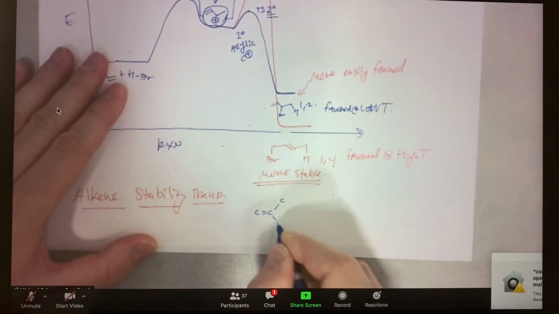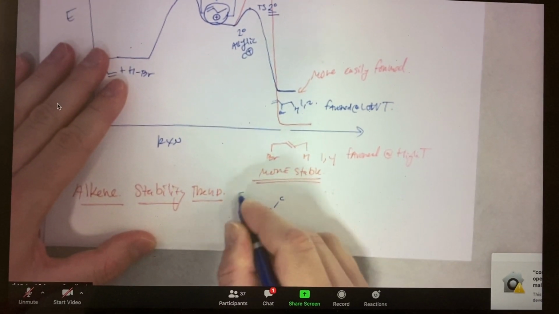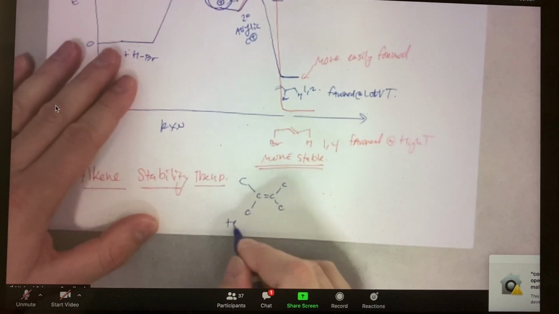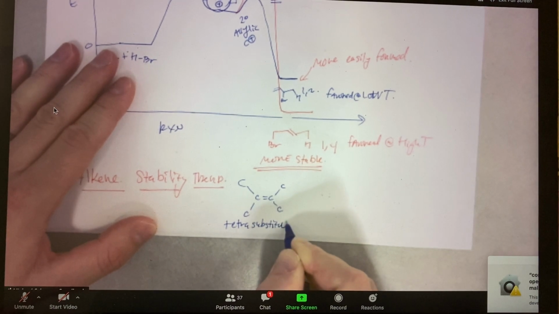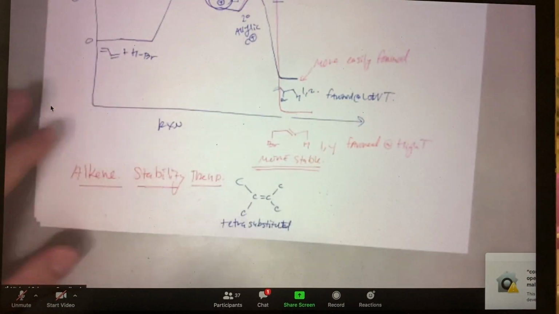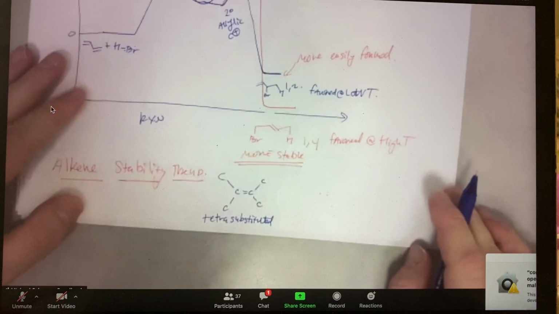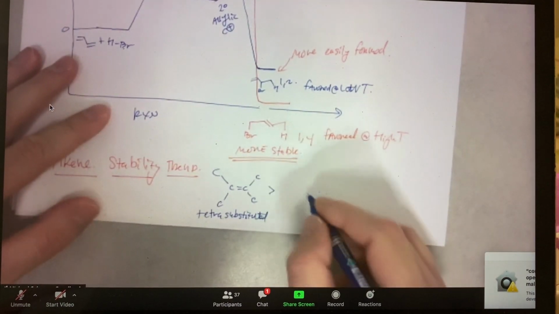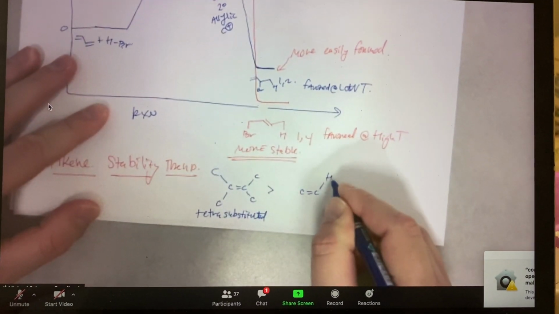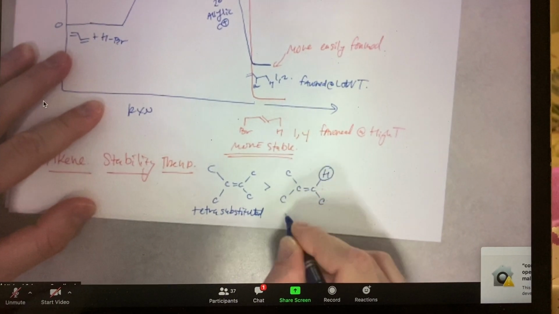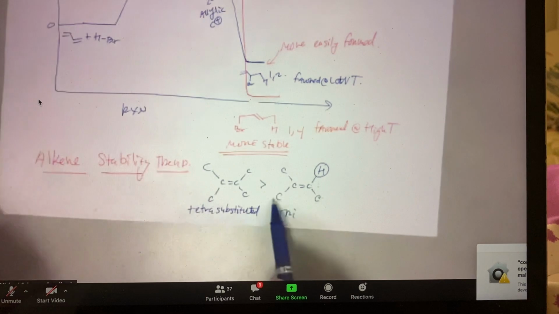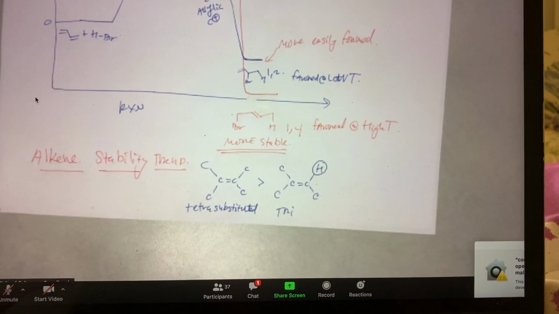tetrasubstituted alkenes, so this is a tetrasubstituted. This is a tetrasubstituted alkene. It's more stable than a tri-substituted alkene. This is tri-substituted. It has three things that aren't hydrogen.